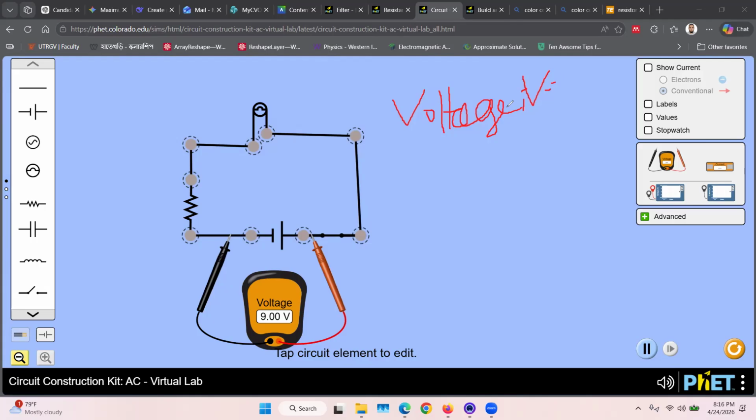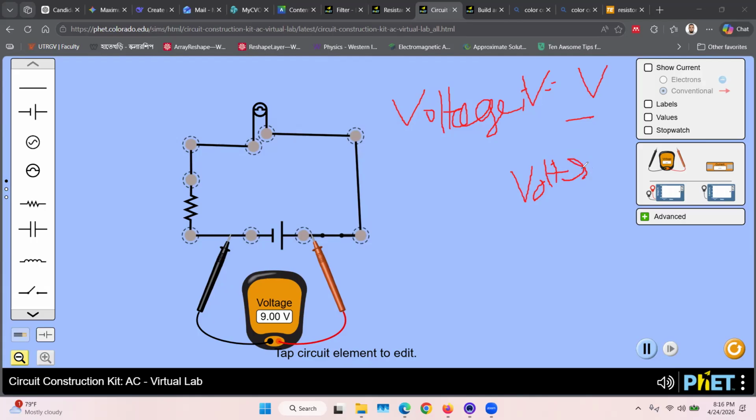If you think that the current is nothing but water flowing from a higher height to a lower height, connected with a pipe, then voltage is the height difference. So the unit for voltage is volts, V in short form, or volt, VOLT, volts.